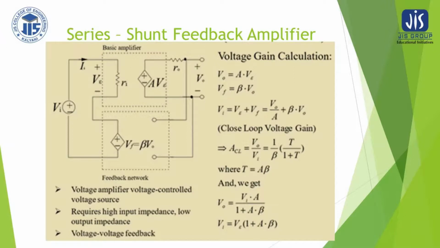Now we are interested in calculating the input impedance, the input impedance due to feedback. So let it be Zin, and that will be written as Vs divided by the input current. This is the input current to the amplifier. So Vs divided by I input.